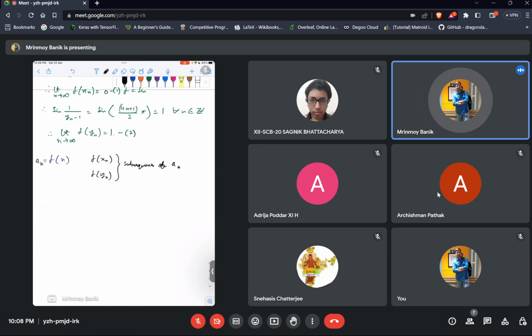So we have taken two subsequences and it's shown that they actually converge to two different limits, and the sequence is bounded.